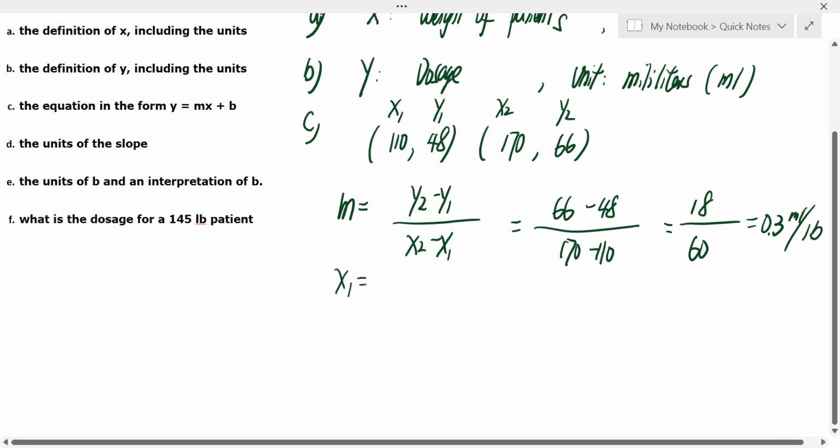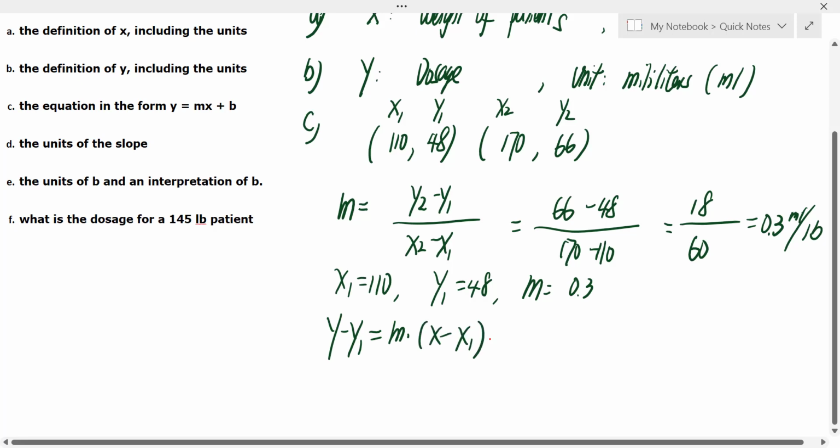So x1 is 110 pounds, y1 is 48. Slope we just calculated, 0.3. And we do y minus y1 equals slope times x minus x1. Point slope form. So y minus 48 equals slope 0.3 times x minus 110.